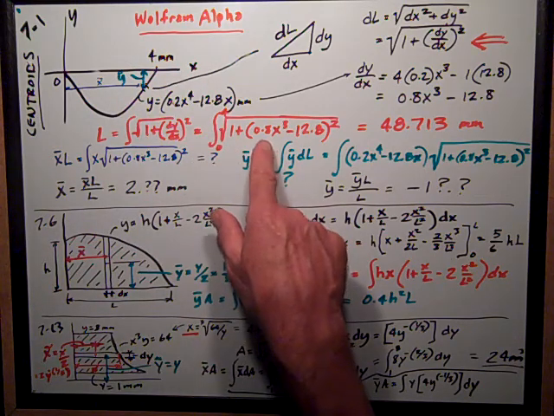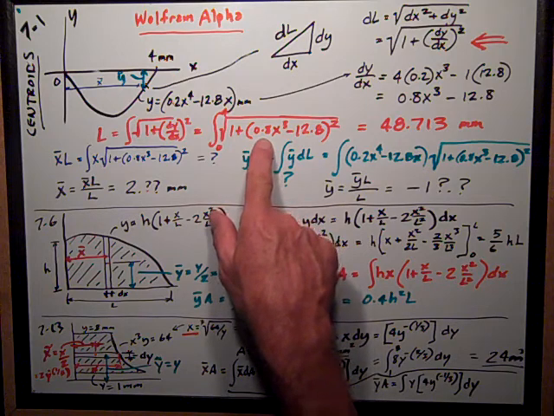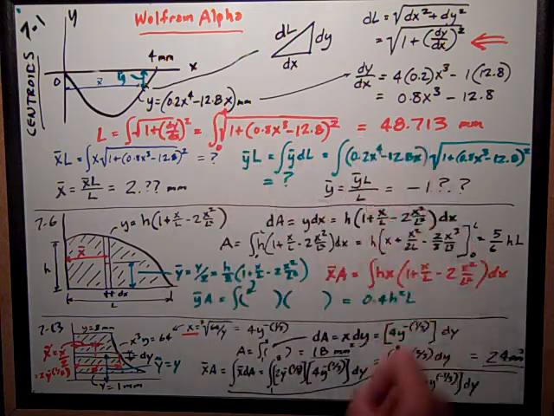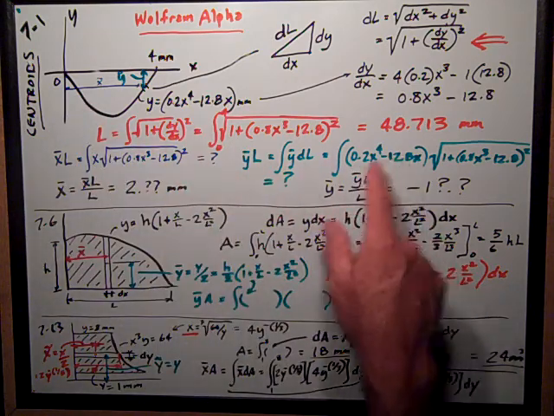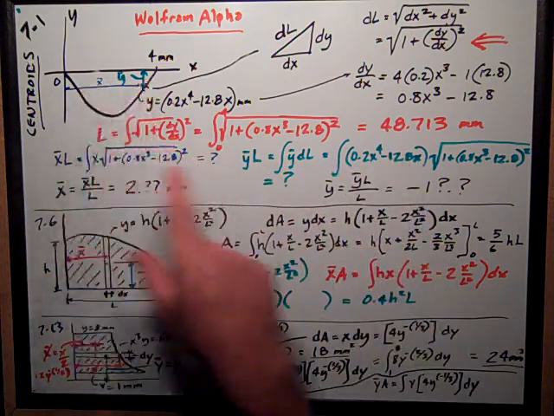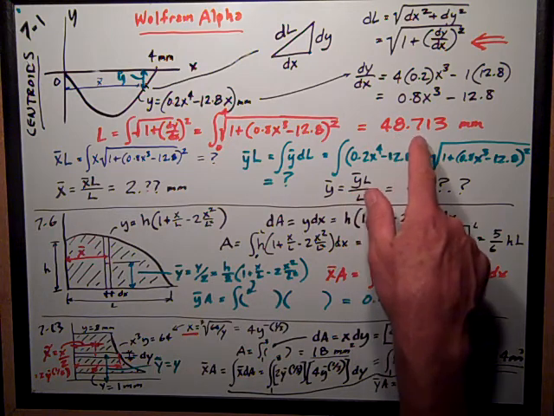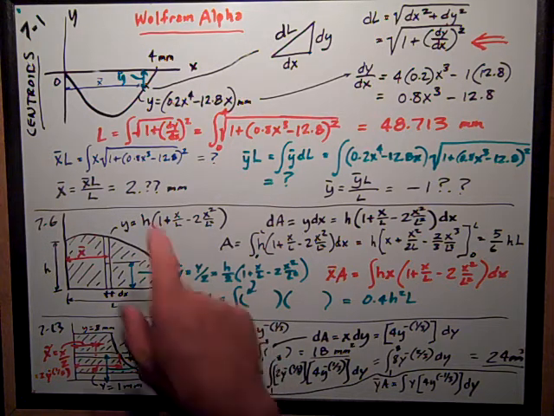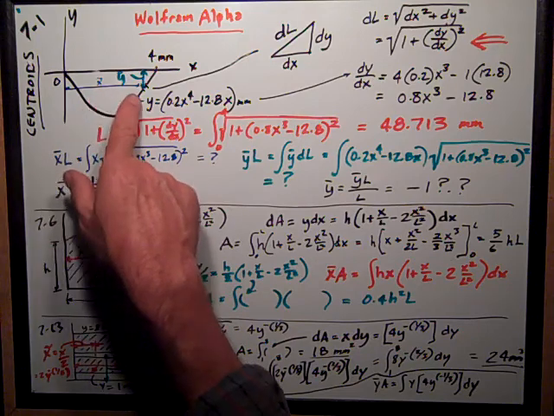But I found that if you put this formula into Wolfram Alpha, you'll come out with the length of the line from x equals 0 to 4 of 48.713 millimeters.